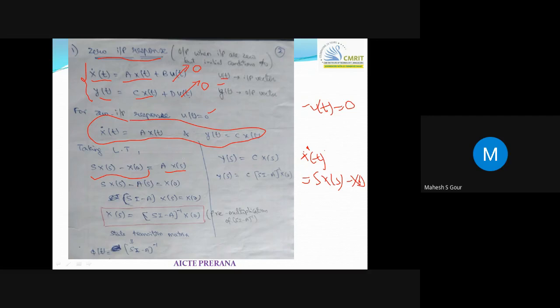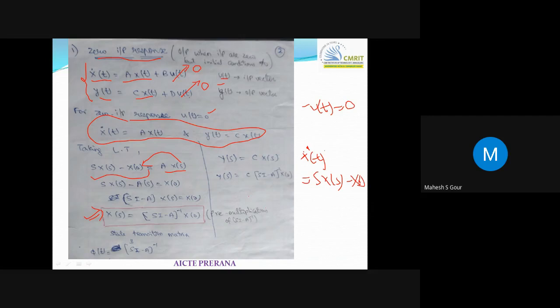Now this X of s will go to the left hand side and x of 0 will go to the right hand side. So finally I'll be getting X of s is equal to (sI minus A) inverse x of 0. It looks complicated, but it is pretty simple when you solve problems.